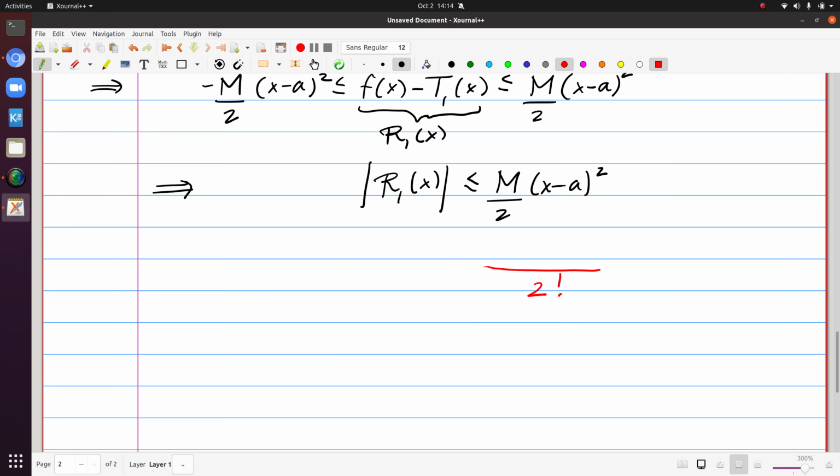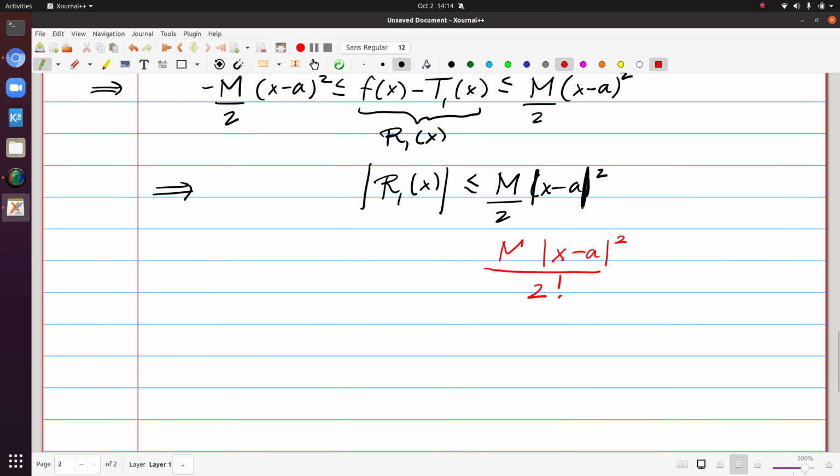I was going to say, because I have my absolute value, you can imagine here I'm squaring it, but I could put that absolute value in there. So technically, this is x minus a to the 1 plus 1, so squared power. And then we have m here.